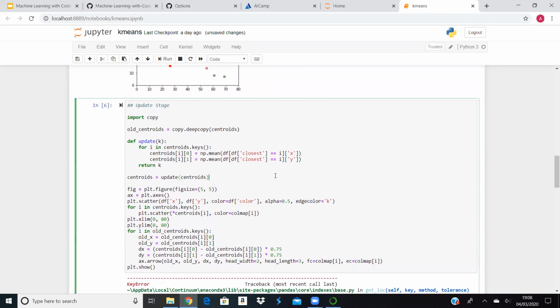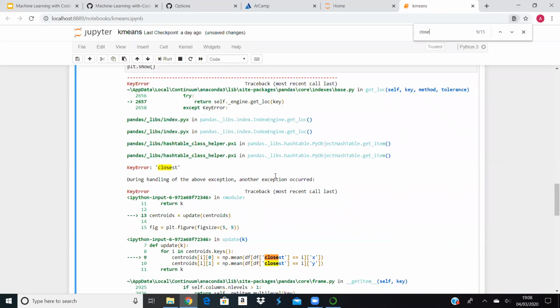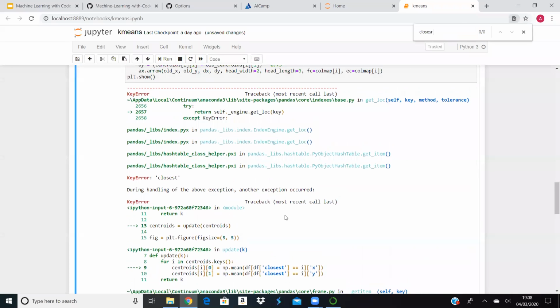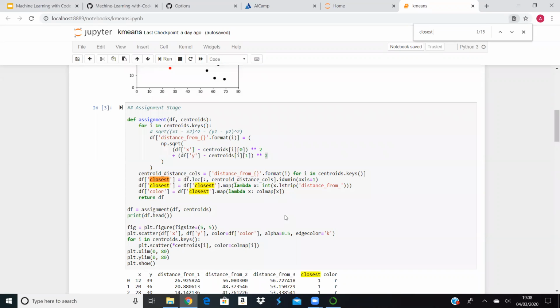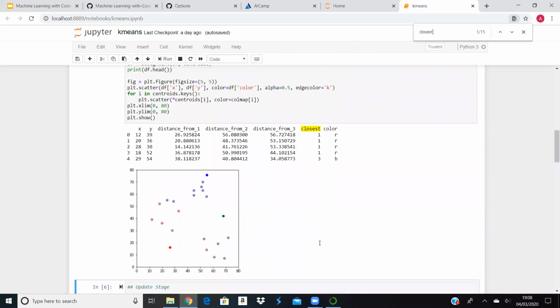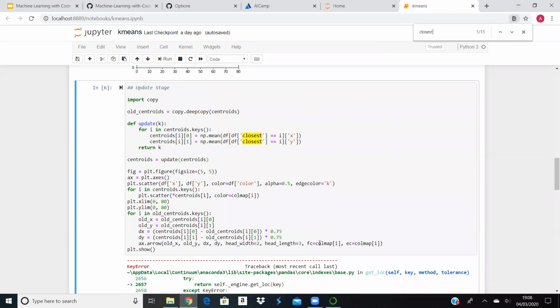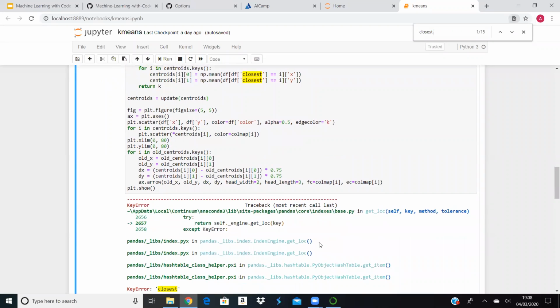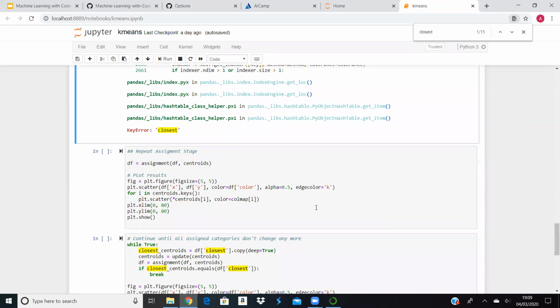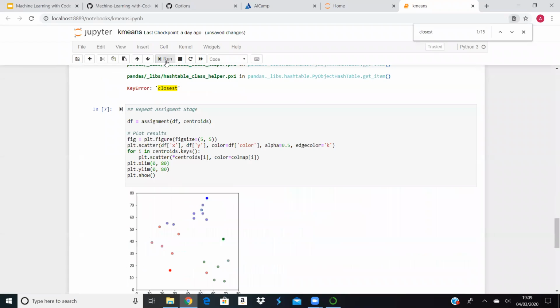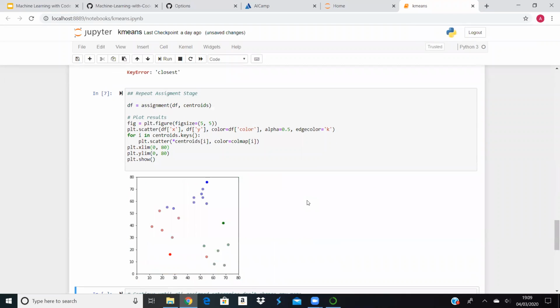I don't know if I typed this in. I'll check that code later, and I'll update that code and send it to you.